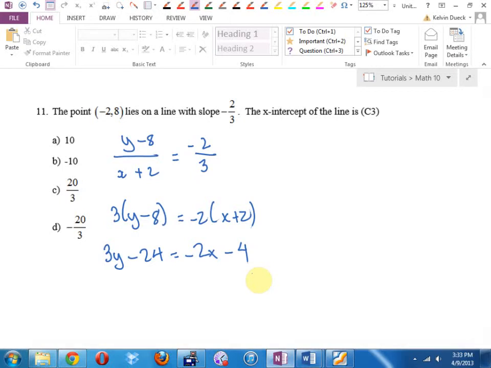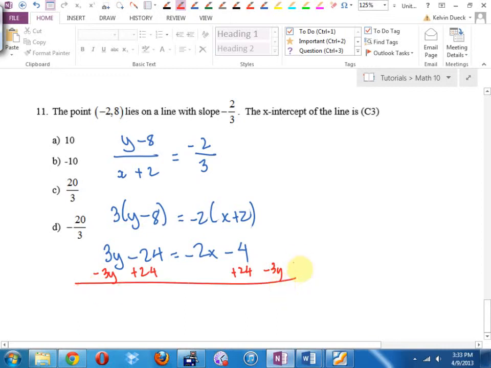Make it equal to 0. I think I'm going to plus 24, and I think also I would minus 3y, would I not? So the final equation is going to be 0 equals negative 2x minus 3y plus 20.